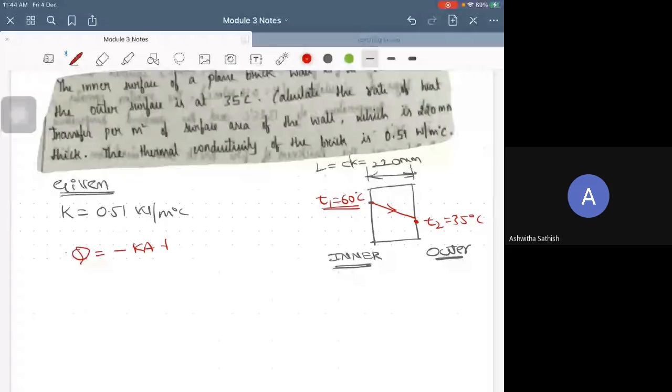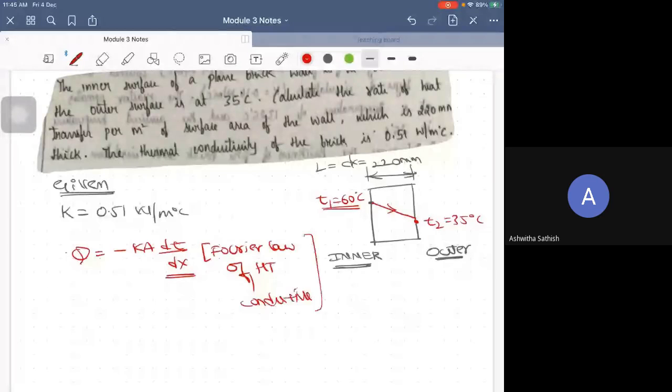You can go with it, which is known as Fourier law of heat transfer, to be precise, conductive heat transfer. Okay, so this is known as the Fourier law of conductive heat transfer.